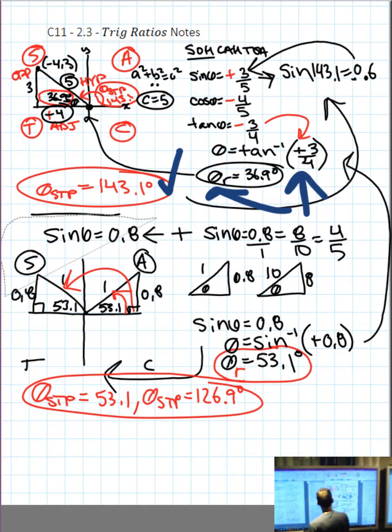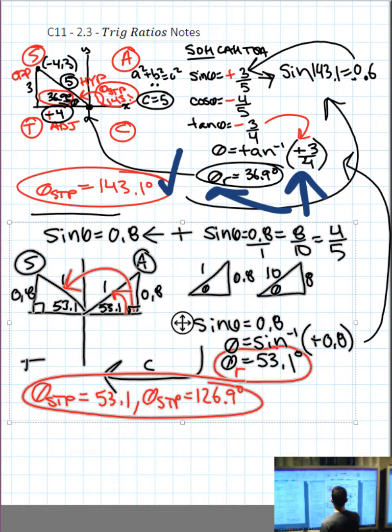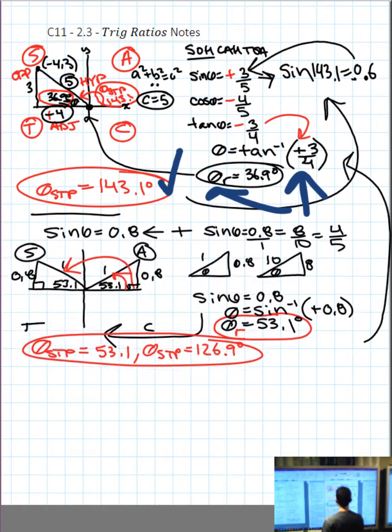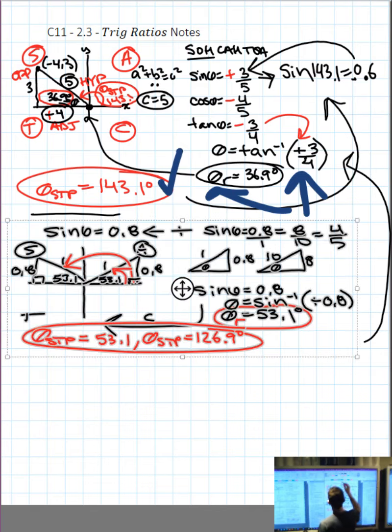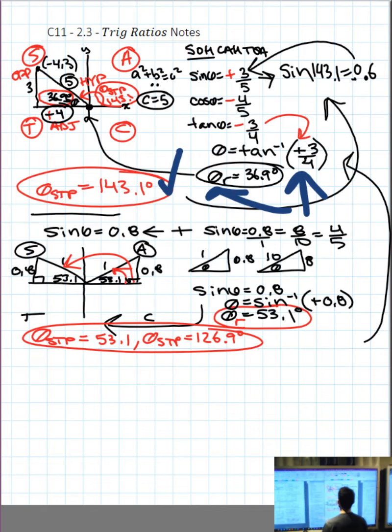So, above we saw a point on a graph. And we had one answer, and then we had an equation, and we had two answers. So we have what's called the general solution. And it's actually a coterminal angle formula.